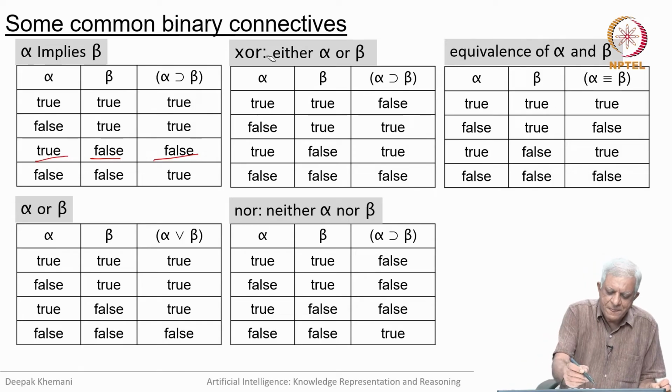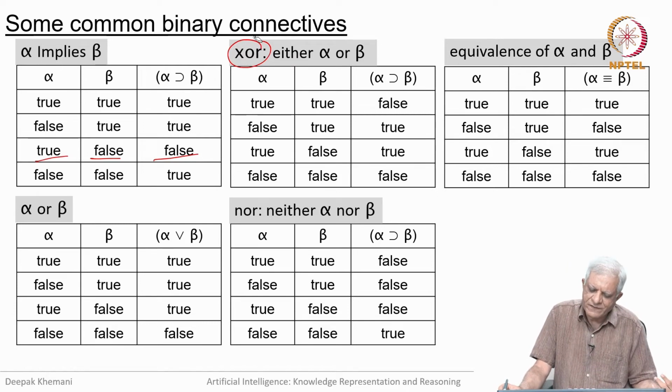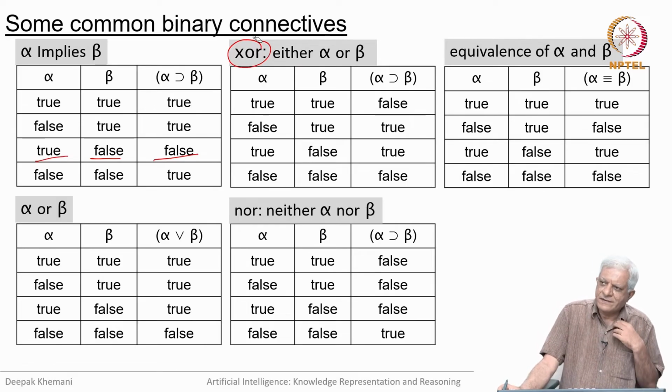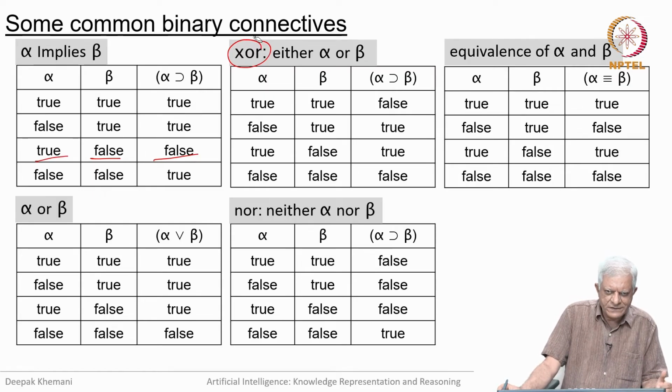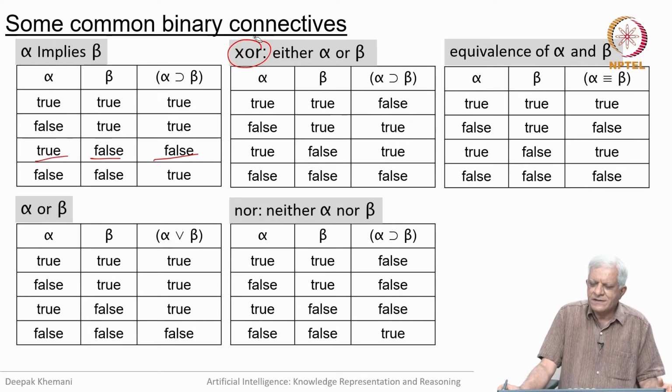An interesting connective is the XOR connective, and XOR is what we in common sense language mean by OR. So, if it says that I will go for a movie or I will go for a theater or a music performance, then it is basically the XOR sense essentially.